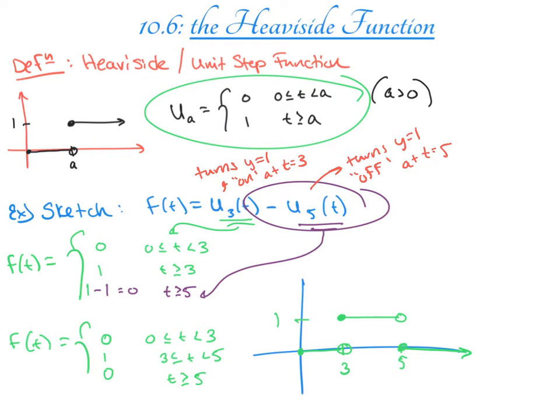Okay. The 1 you can see in the statement of f of t if you think of it as like a coefficient. So let me translate this again. f of t equals u sub 3 minus u sub 5 means turn on the function 1 at t equals 3, and then turn it off at t equals 5 because you're subtracting.